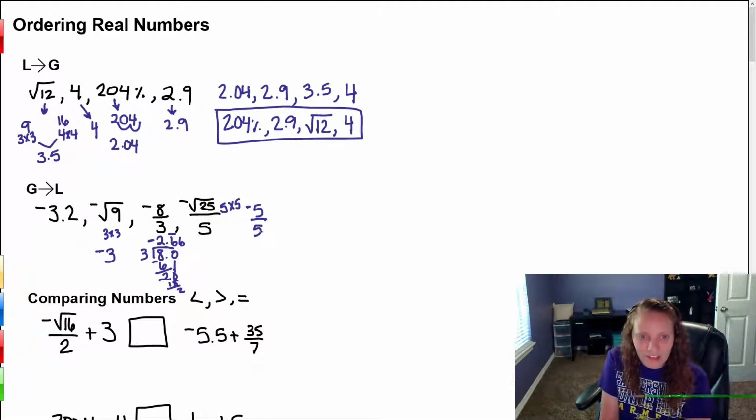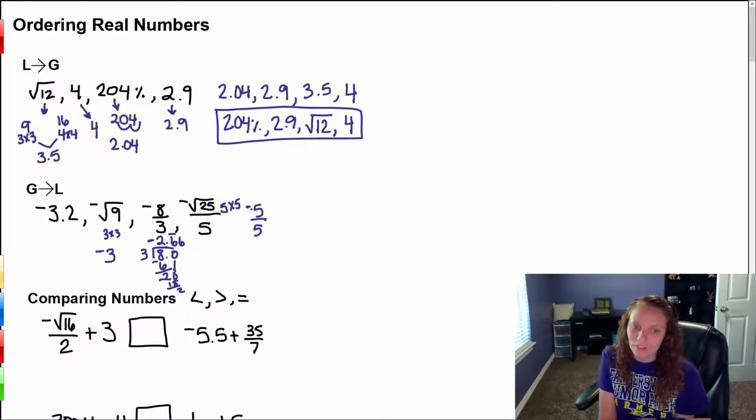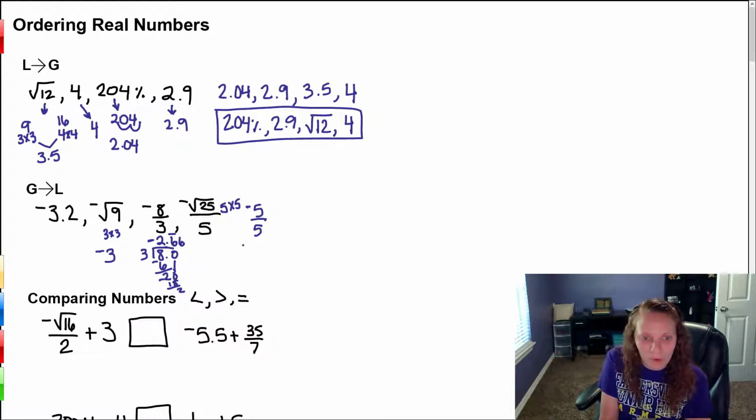Now, the fraction means to divide, and 5 divided by 5 is going to equal 1 whole. However, there's a negative out in front, so a negative divided by a positive is going to stay negative.